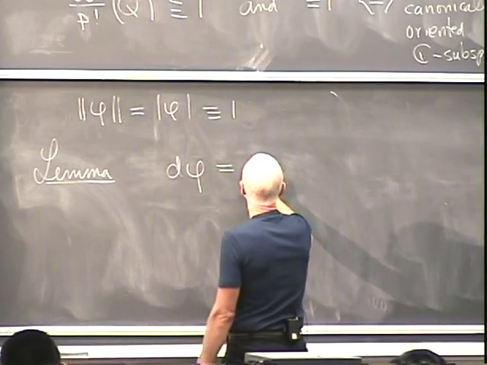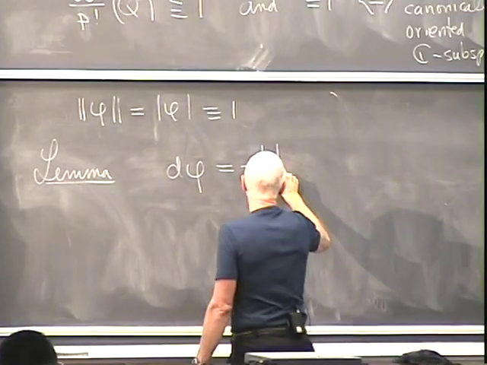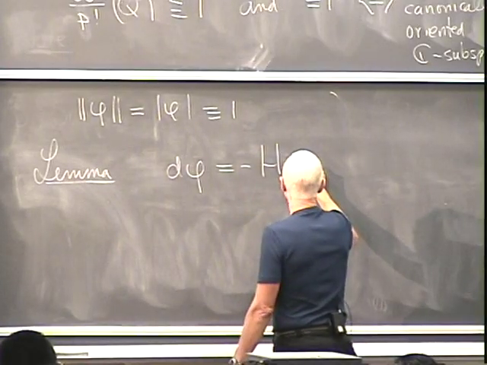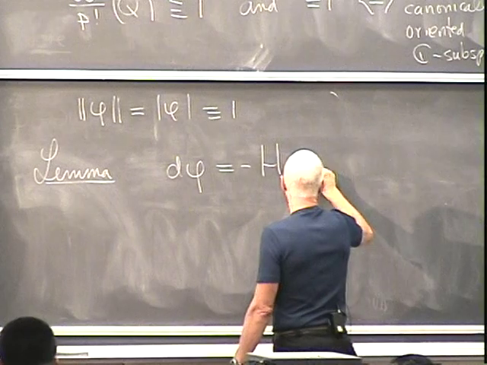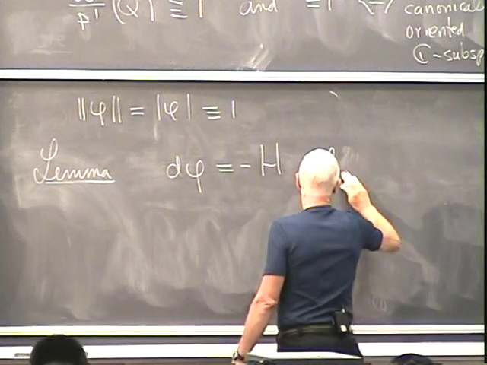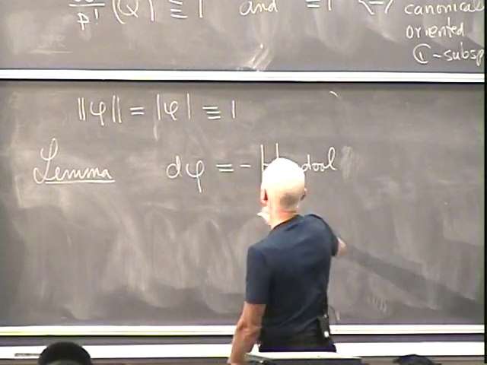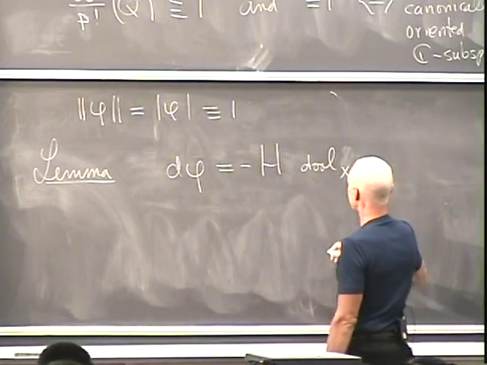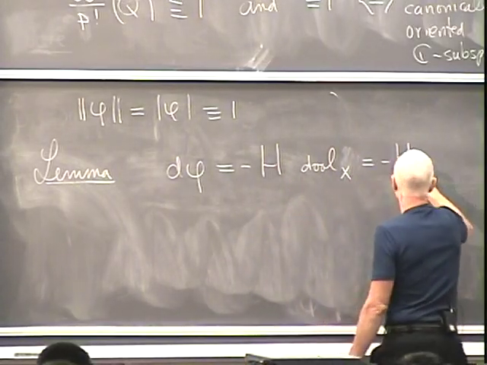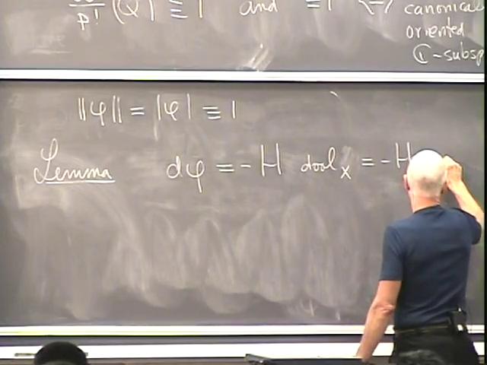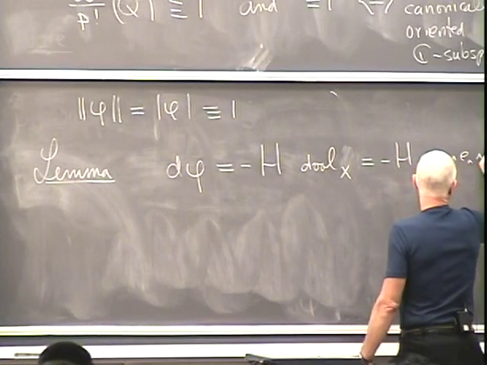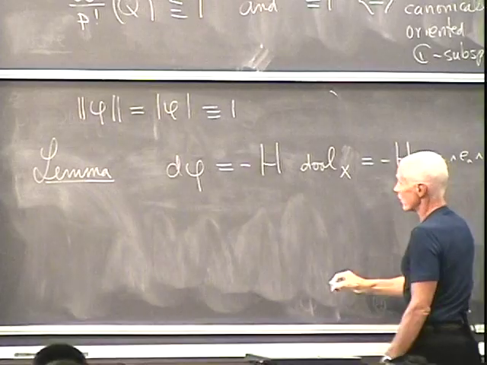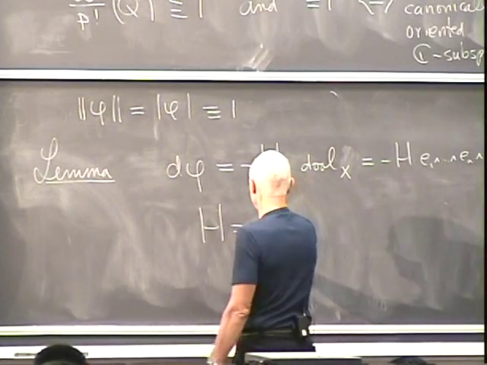And I claim that this is simply minus h times the volume form of X. We called this manifold X, right? In other words, it's minus h times E1 up to En wedged with the normal, where h is the mean curvature.